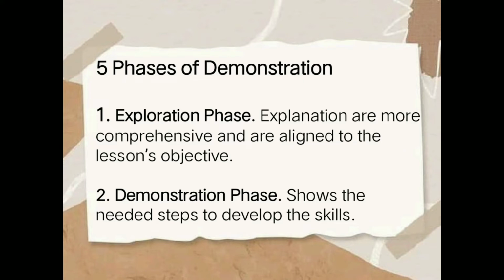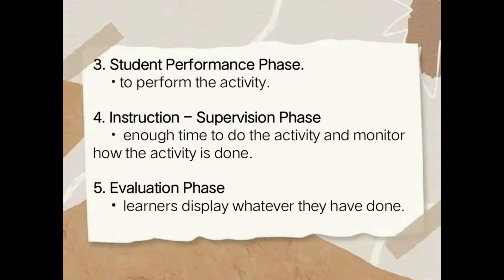Number 2, demonstration phase, shows the needed steps to develop the skills. Number 3, students' performance phase, to perform the activity just to practice the skills. Number 4, instruction supervision phase, giving enough time to do the activity and monitor how the activity is done.